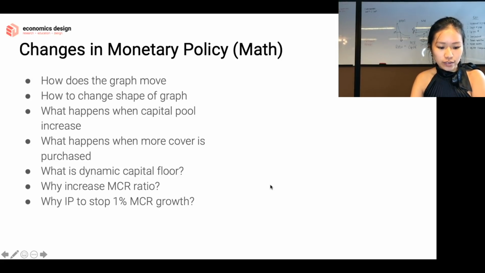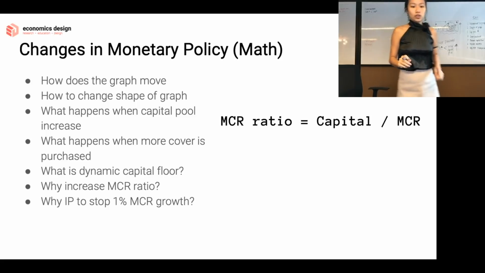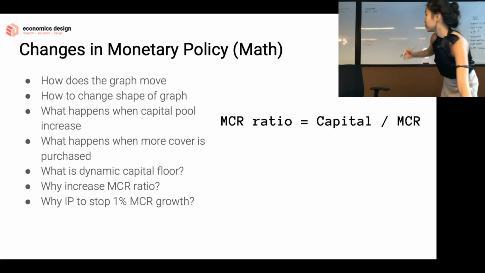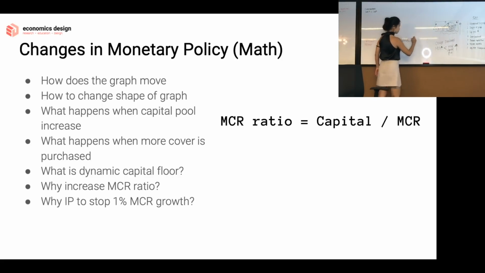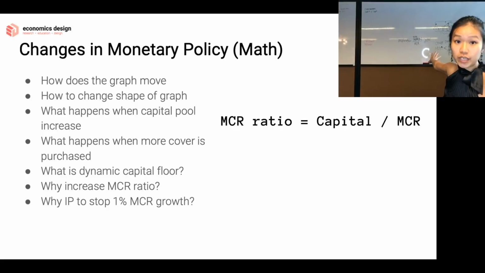The next one is, why do we want to increase the MCR ratio? So what is the MCR ratio, and why does it need to increase? Currently, the MCR ratio is more than 130%.